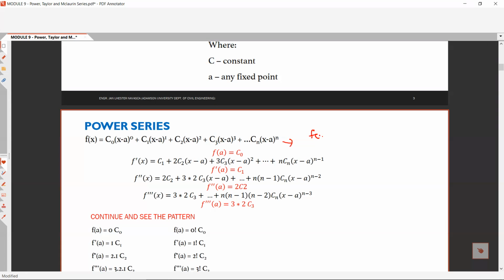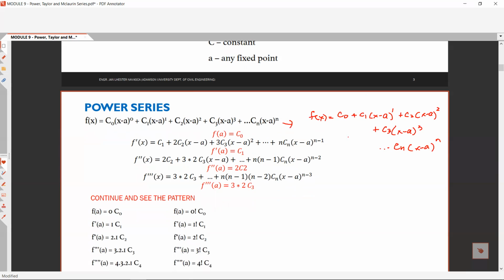So, f of x is equal to c sub 0 plus c sub 1 (x minus a) raised to 1 plus c sub 2 (x minus a) raised to 2 plus c sub 3 (x minus a) raised to 3 hanggang c sub n (x minus a) raised to n.